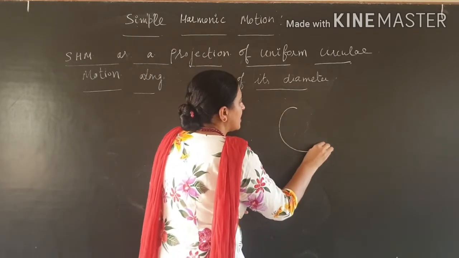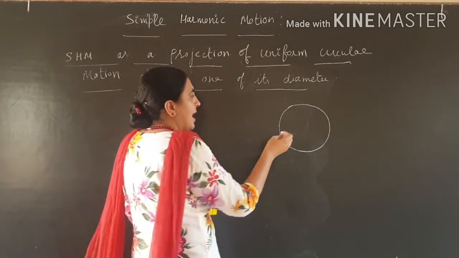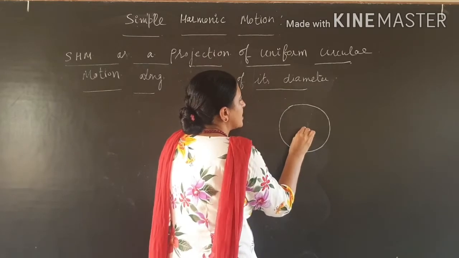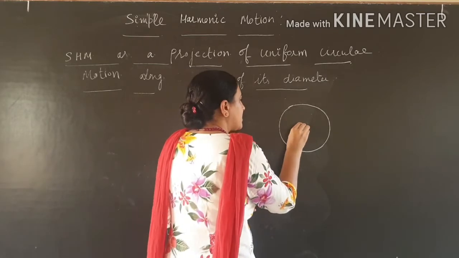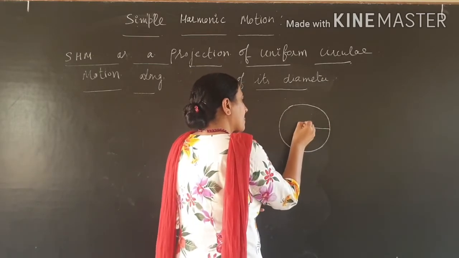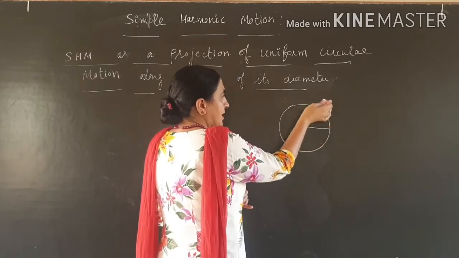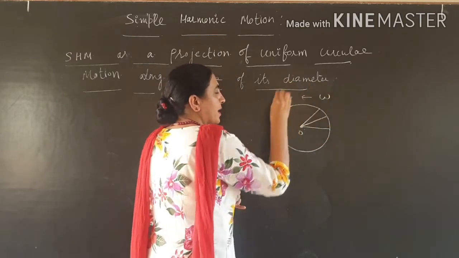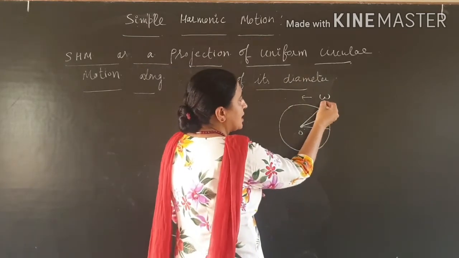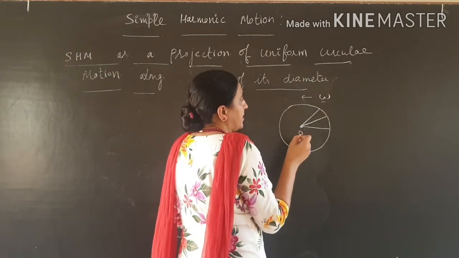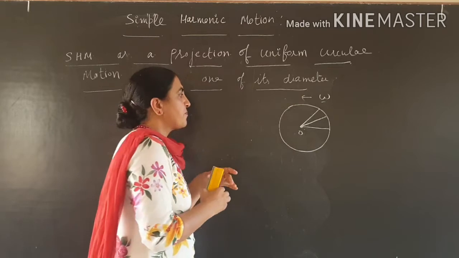I am drawing a circle, and this is the origin, that is O. Any particle that is moving here in the anti-clockwise direction with omega as angular frequency, sometimes also written as angular velocity, but in the case of simple harmonic motion we write omega as angular velocity.